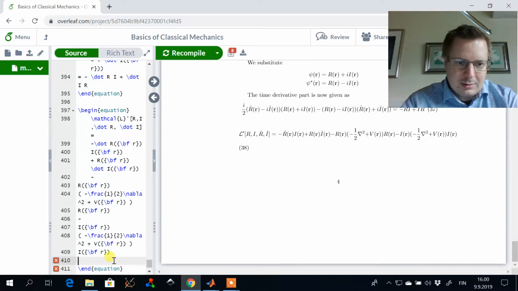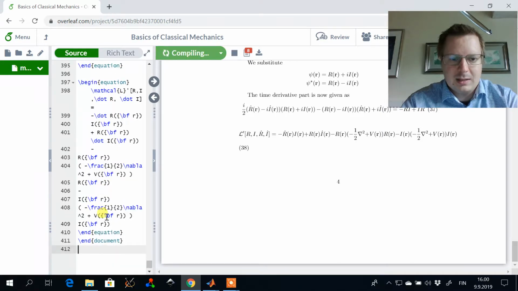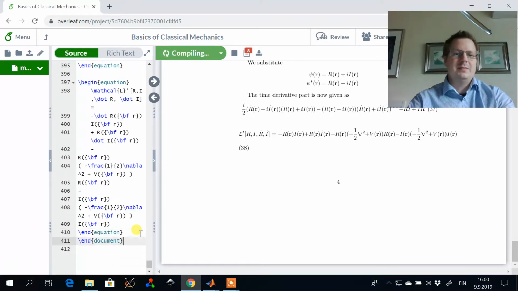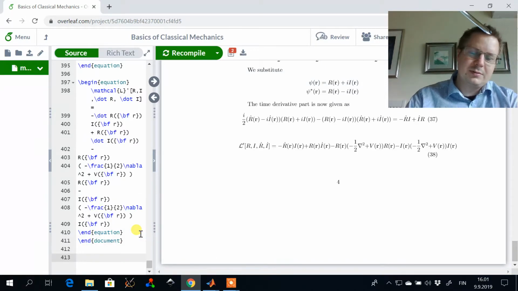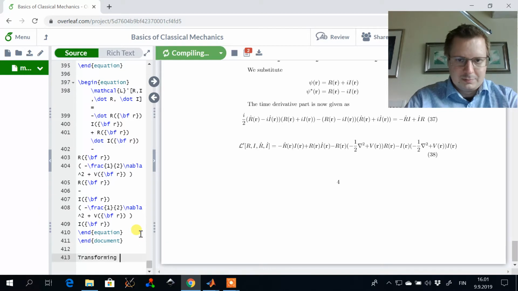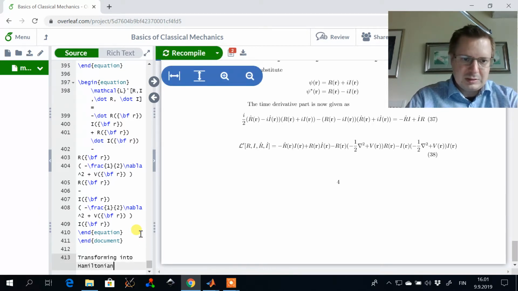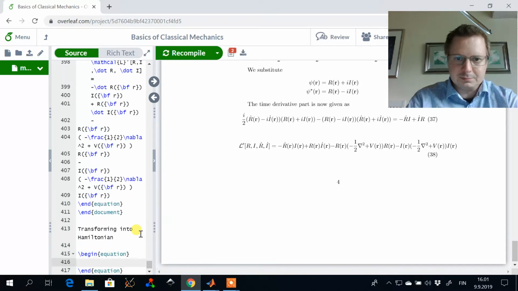Now we have 2 variables and their time derivatives, and now we can transform into the Hamiltonian. So essentially this will be the Hamiltonian.